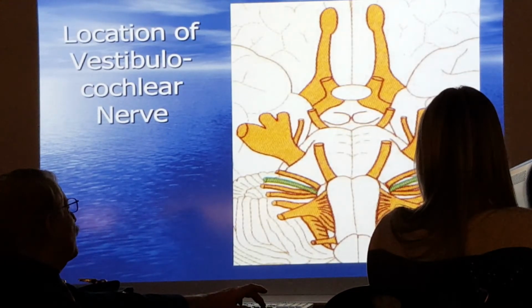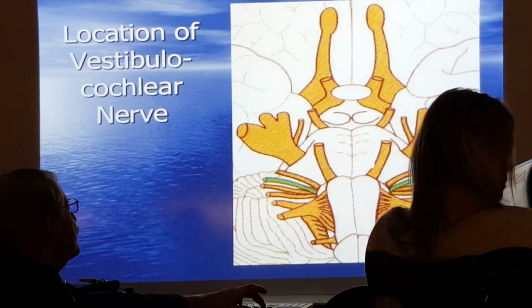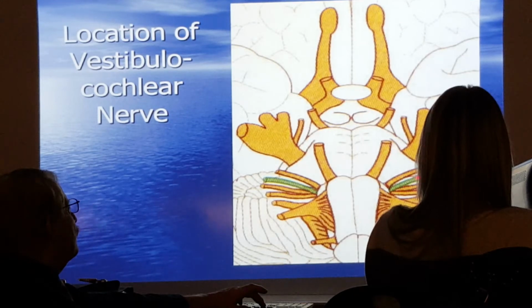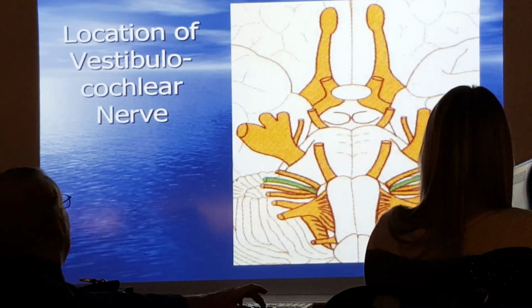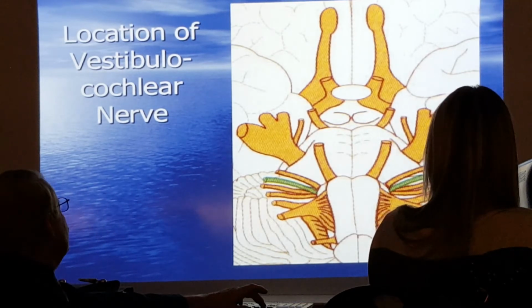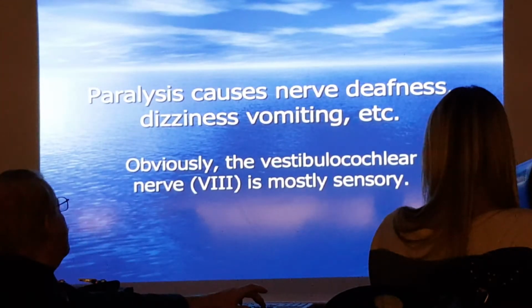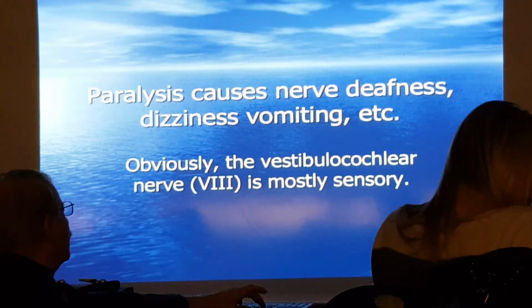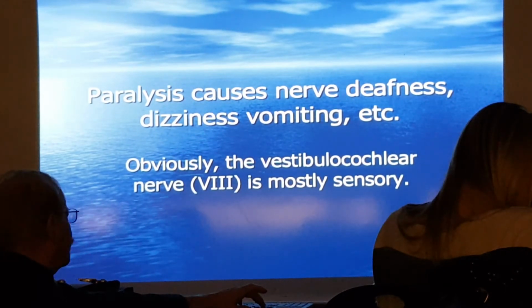And so that's cranial nerve 8. Here we have 6, 7, and 8, vestibulocochlear. And you don't want to have a problem with that nerve, or you'll manifest what's called Meniere's disease. And not a nice condition to have.